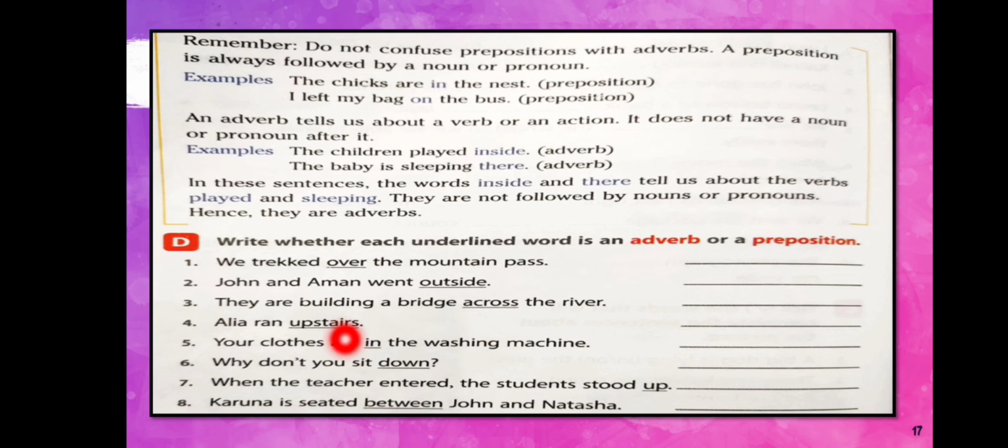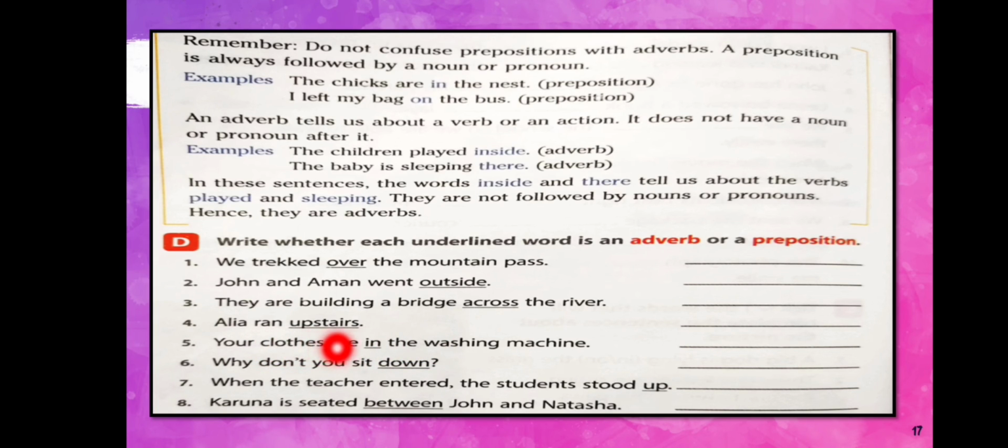Your clothes are in the washing machines. Here the underlined word is in. Is in a preposition or adverb? After the word in, is there any noun or pronoun? Yes, there is a noun, the washing machine. So in is a preposition.